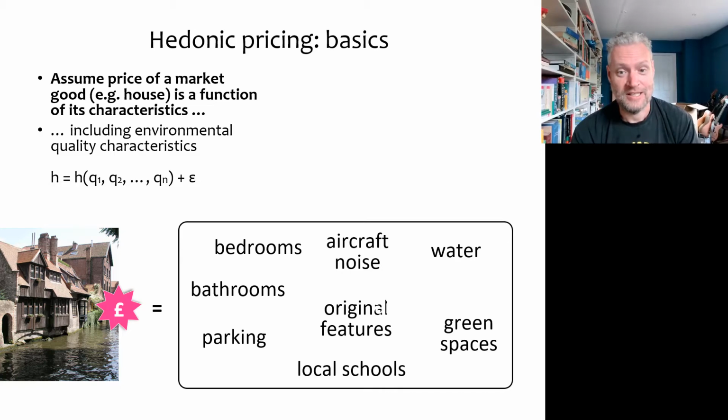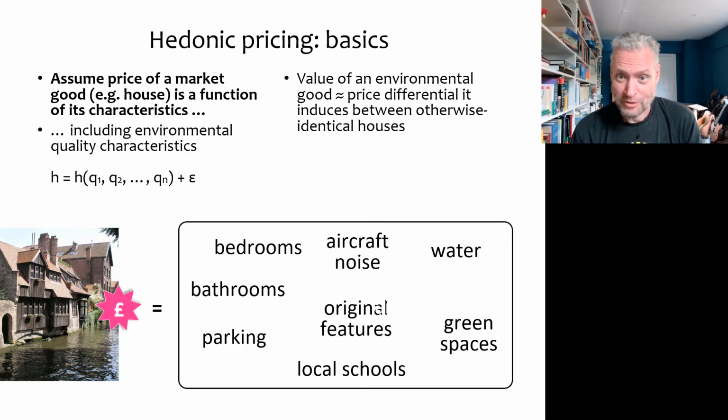But also houses that sit in an area that is very noisy, because it's near an airport, for instance, would go for a lower price because people don't like that. Houses that sit near water typically command a higher price, and also houses that sit near nice parks typically command a higher price.